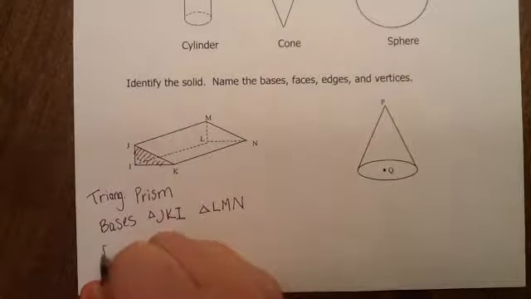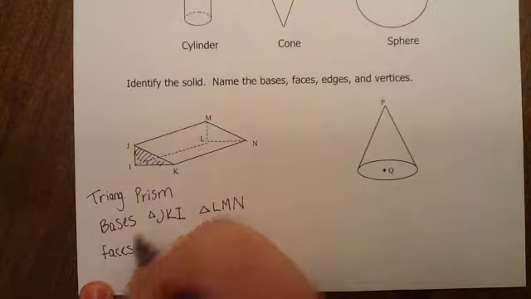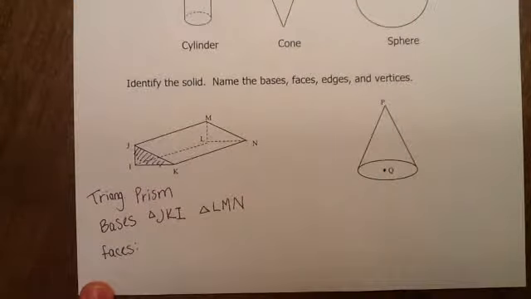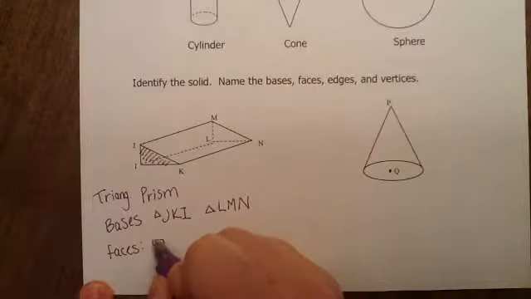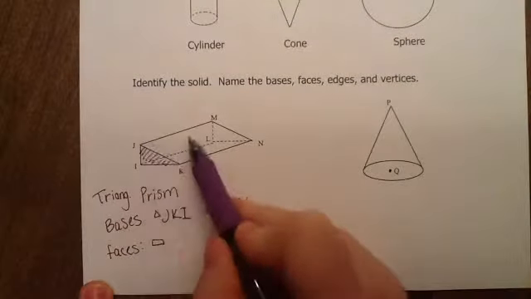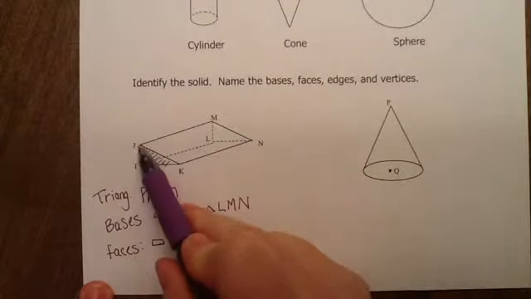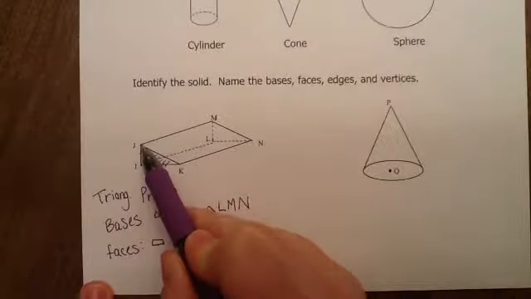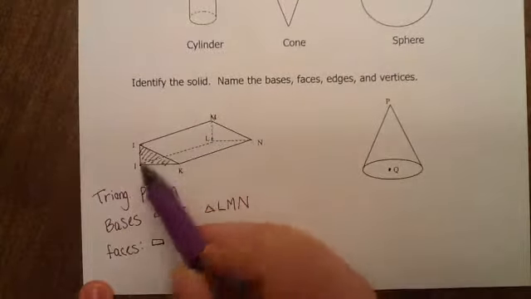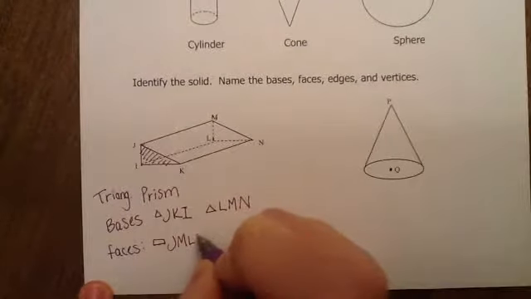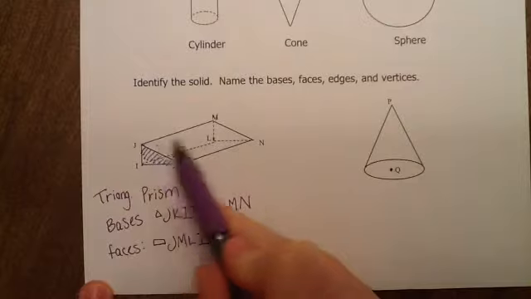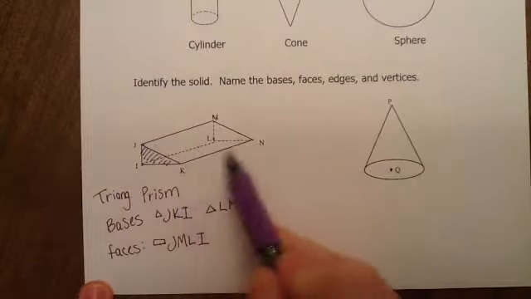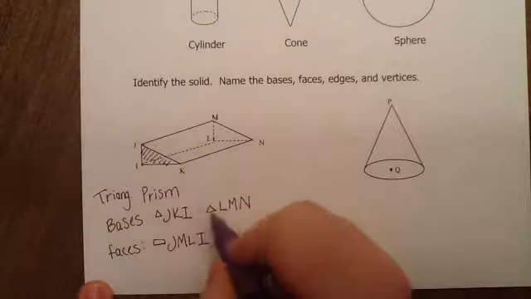The faces can include those two triangles, and what else must we include? These rectangles. What's the back one? What are all the letters for the back? J, M, L, I. So this back rectangle has the corners J, M, L, I. How about this top rectangle here?